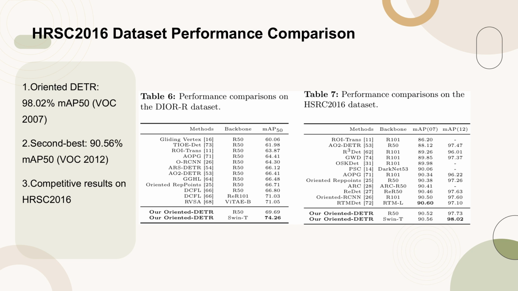Additionally, it secures the second-best accuracy of 90.56% under the Pascal VOC 2012 metrics, slightly behind the leading method. This performance underscores the effectiveness and generalization capability of oriented DETR, especially in scenarios where objects exhibit large aspect ratios and simple shapes, minimizing boundary issues.